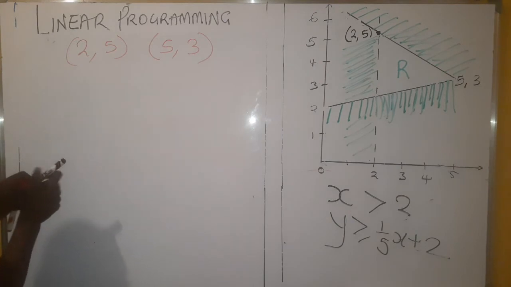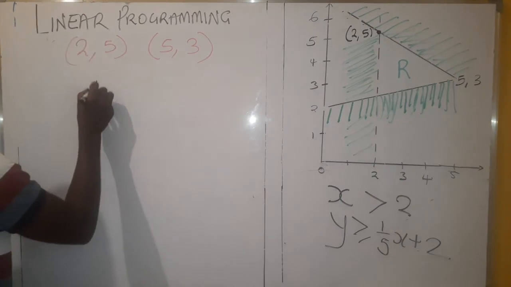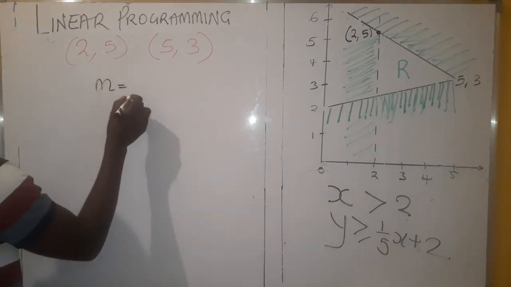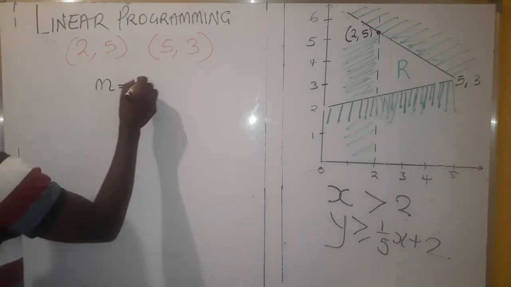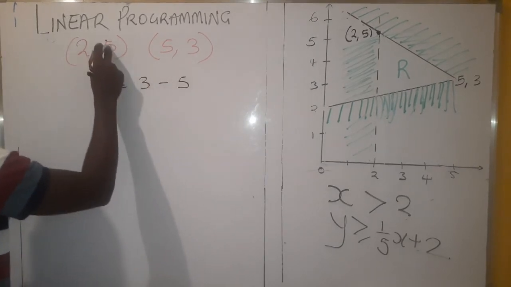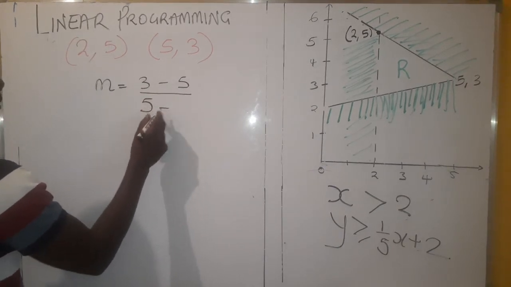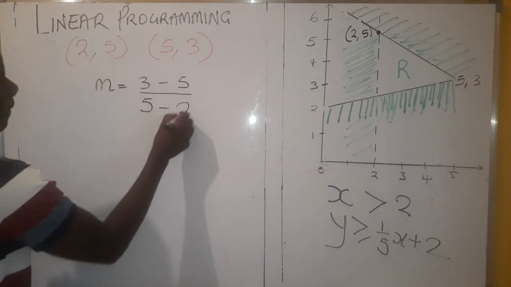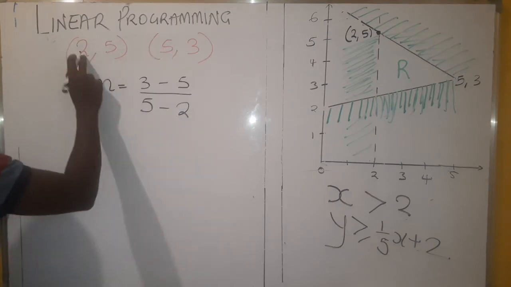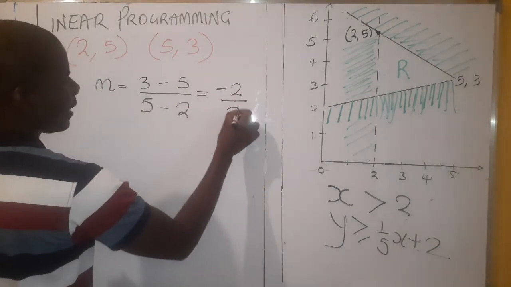Okay, so we do our gradient. Gradient is m, y2, which is 3, minus 5, which is y1, over 5 minus 2, x2 minus x1. What are we getting? Minus 2 over 3.